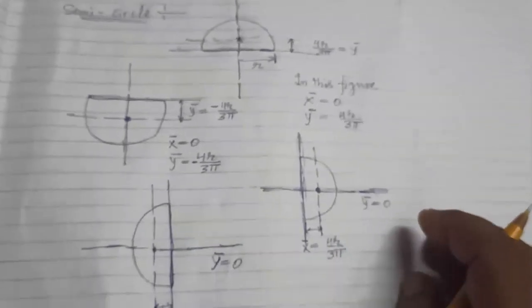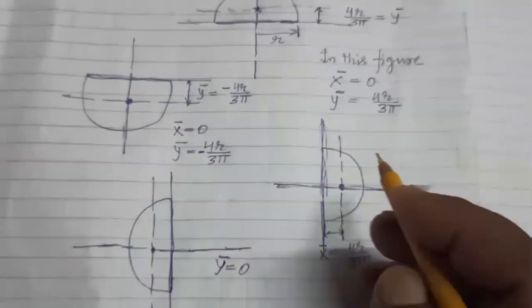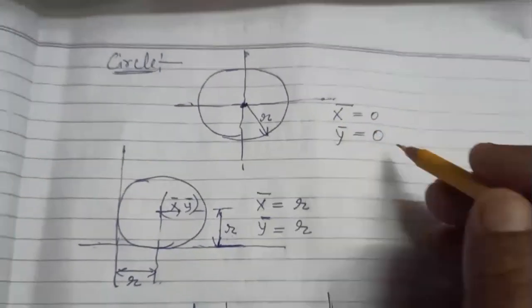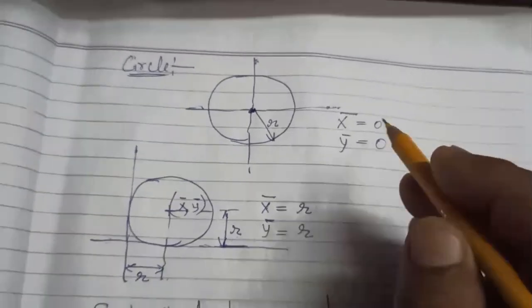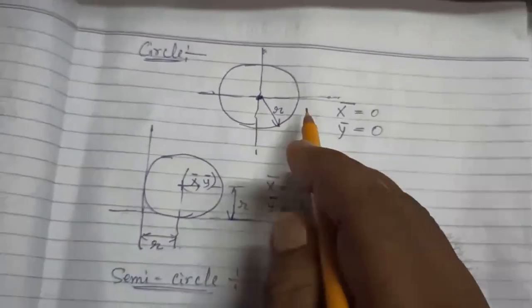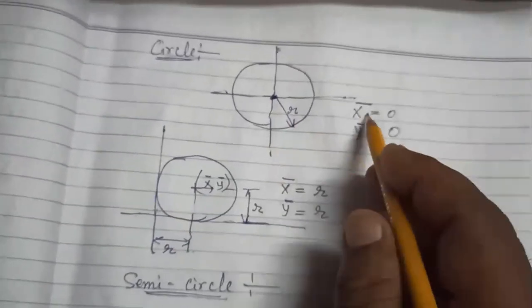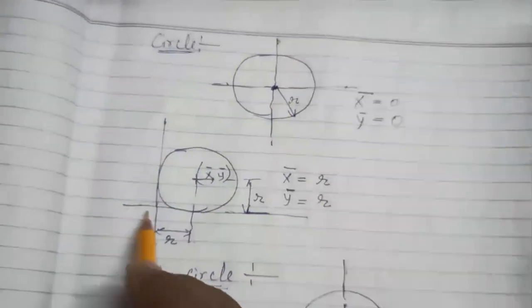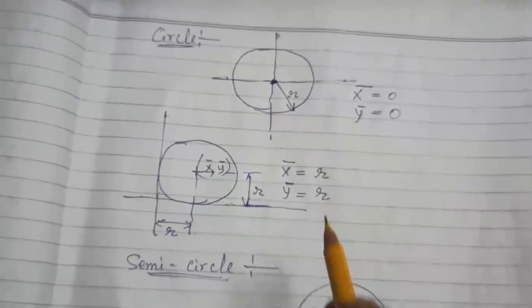So you have to remember that in a circle, there is no problem of orientation, because in any orientation it seems like the same figure. So x bar is equal to 0, y bar is equal to 0, or if the reference lines are shifted, then x bar is equal to r and y bar is equal to r.